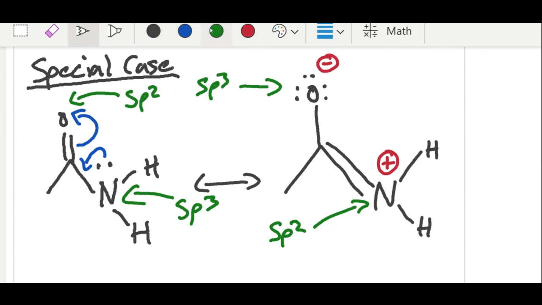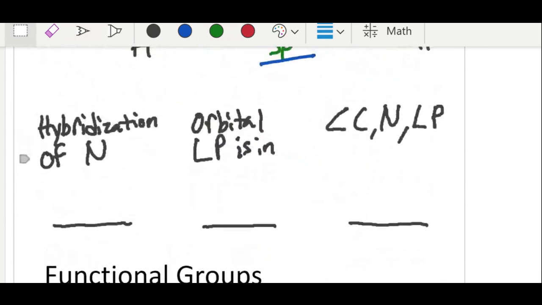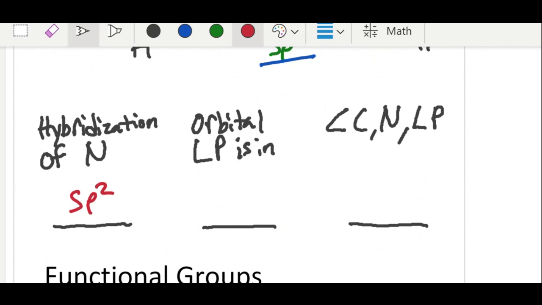Okay, but we're going to accept this answer and this answer. Okay, because those are the lower energy forms, lower hybridization forms. Okay. All right, so that should help us answer the first question. Hybridization of nitrogen is going to be sp2. Okay. Any questions about that?